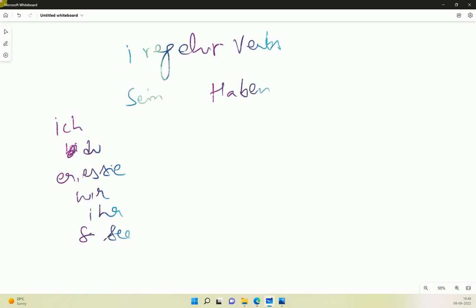Right. So friends, the most important thing I wanted to tell you is that sein is used very rarely. It's used only 20% of cases, and haben will be used in 80% of cases. So in case you are unable to decide where to use haben and where to use sein, go for haben directly.